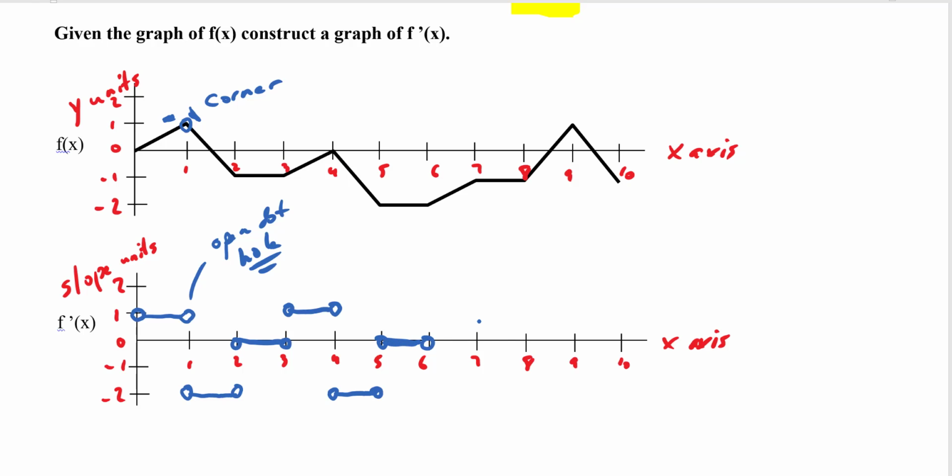Between 6 and 7 is 1. Between 7 and 8 is 0. Between 8 and 9 is positive 2. And between 9 and 10 it's down 2 over 1, so it's negative 2.